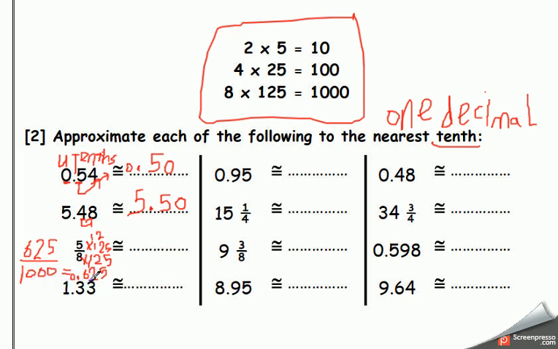After that, I will determine the tenth digit. The tenth digit here is 6, and the previous digit is 2. 2 is weak, so 6 is still 6 again. Oh, mister, you forgot to replace the thousandths digit and the hundredths digit by 0. Okay, excellent.